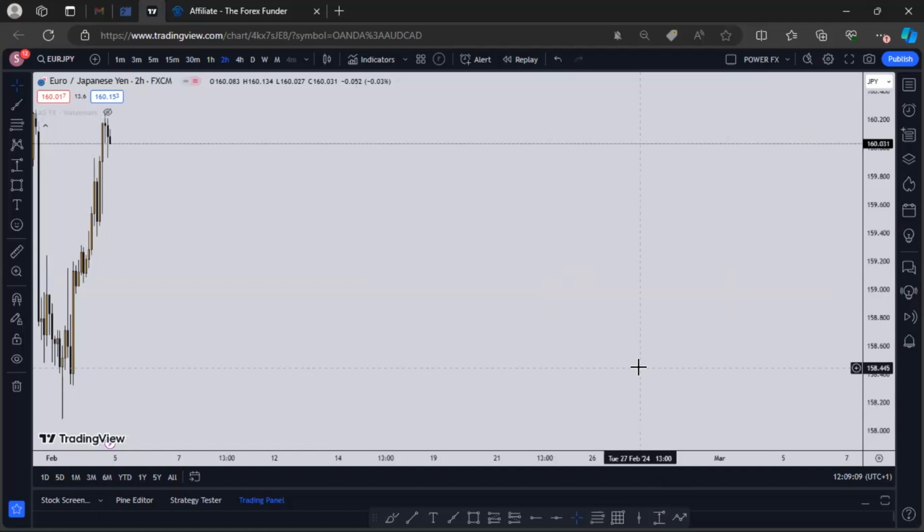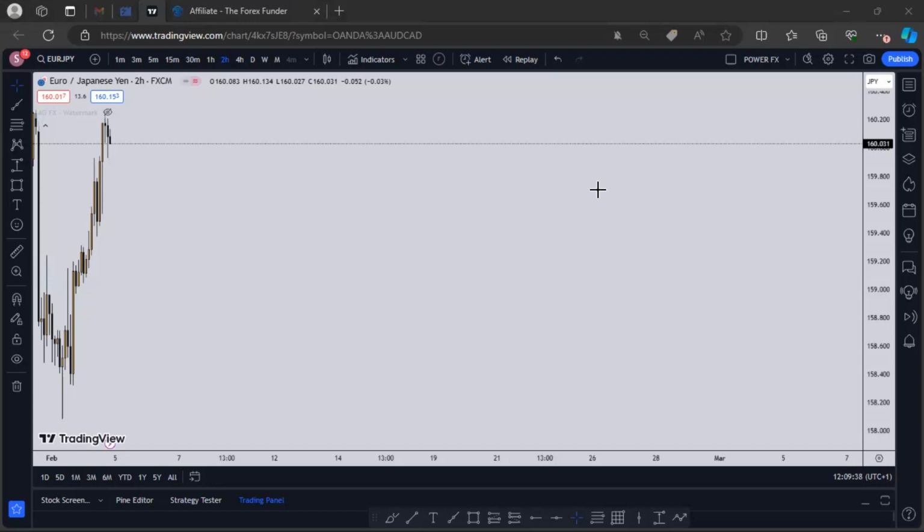Like you guys know, supply and demand levels are key levels in the market where price is most likely to reverse from.